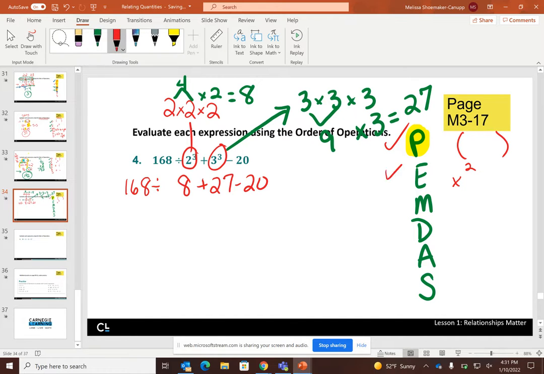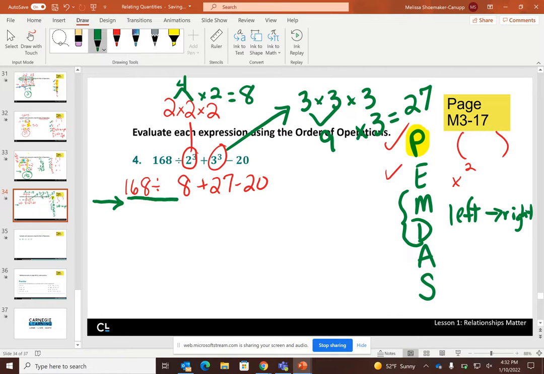Checking off exponents. Then I'm looking at multiplication and division, left to right, just like you're reading a book. Okay, so I'm starting here and moving this way.